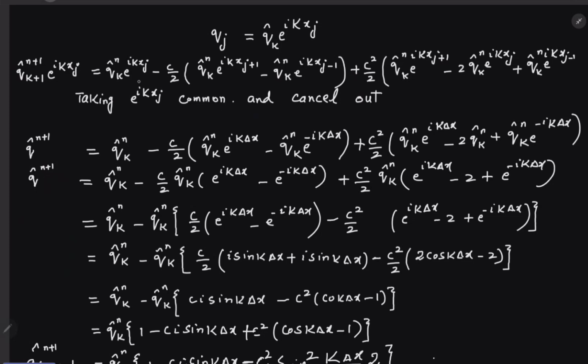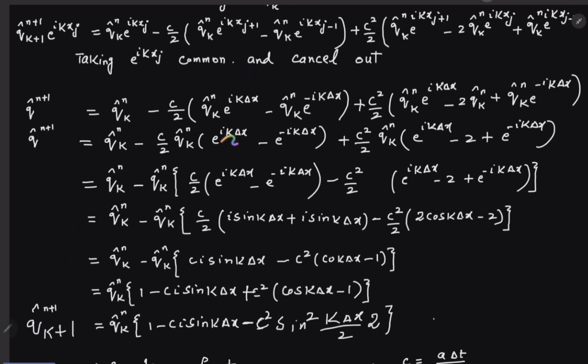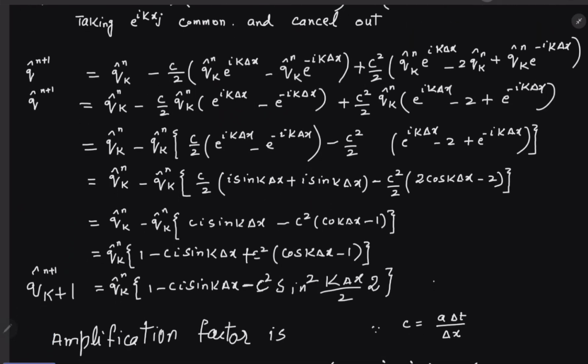After cancelling out the e raised to the power iota k x_j, we simplify it and put the formula for e raised to the power iota theta, which is cos theta plus iota sine theta. I just cancelled out a few terms over here.